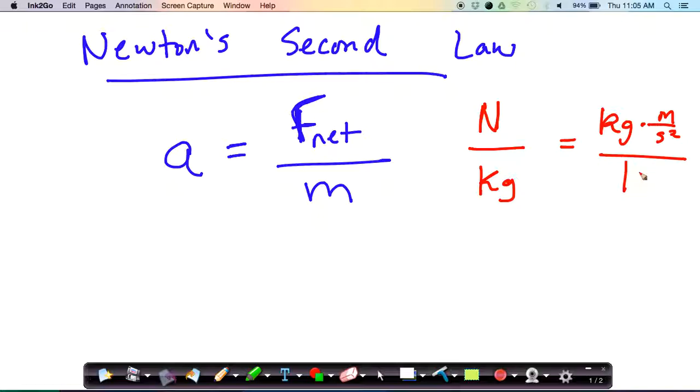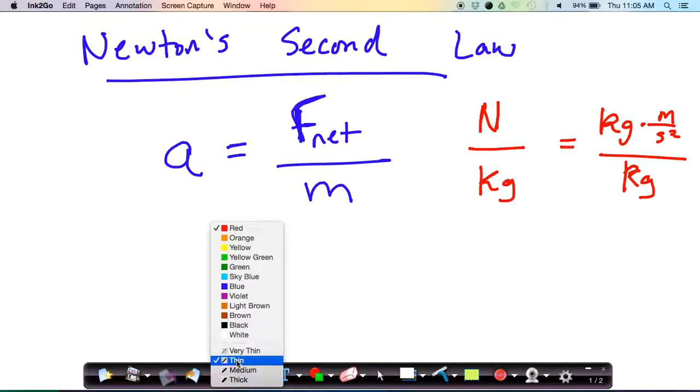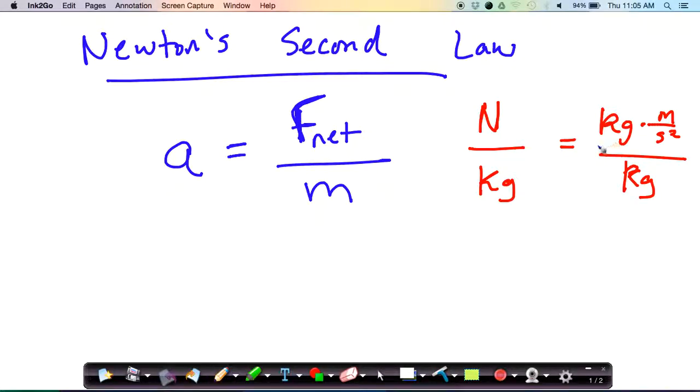And then we're dividing that by kilograms. So what ends up happening here is that the kilograms are going to cancel each other out, and we're left with units of meters per second squared, which of course is the unit of measurement that we use in the SI system for acceleration. So that's how the units are going to cancel in this equation.